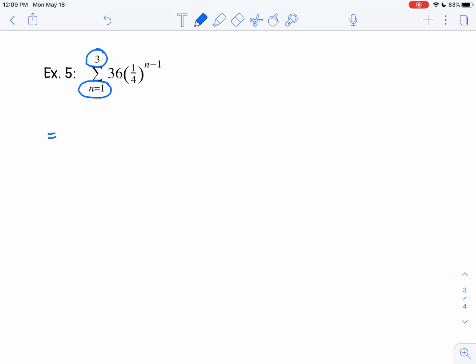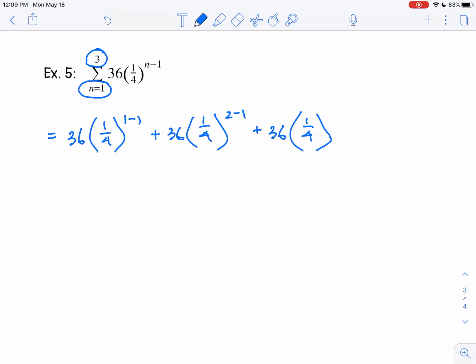So this is going to equal 36 times 1/4 to the 1 minus 1. That's plugging in 1. Plus 36 times 1/4 to the 2 minus 1. That's plugging in 2. Plus 36 times 1/4 to the 3 minus 1.